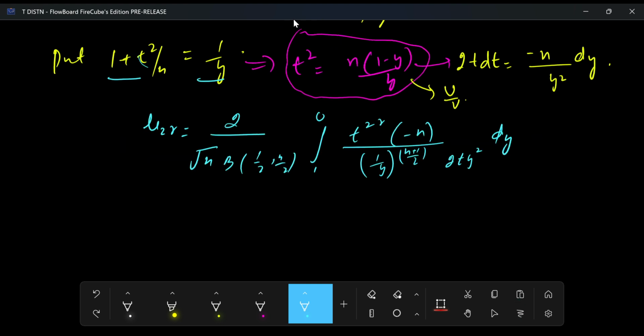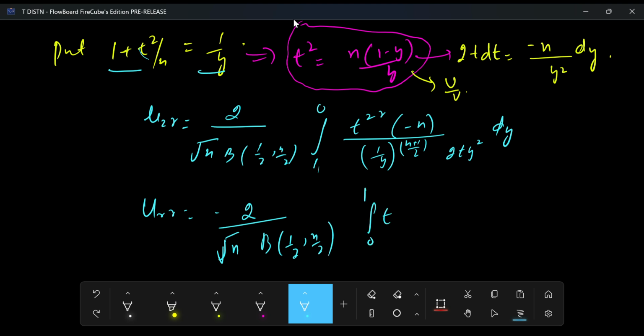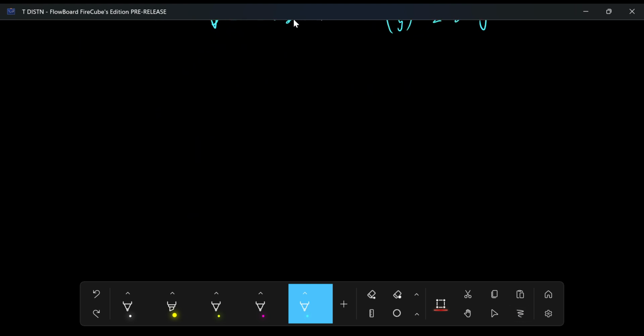Now again, using the property of integrals, whenever we rearrange the limits, we get a minus sign. So mu 2r will be minus 2 upon root n beta 1 by 2 comma n by 2, integral from 0 to 1 of t^(2r) minus n upon (1 by y)^((n plus 1) divided by 2), 2t y square dy. So minus becomes plus.